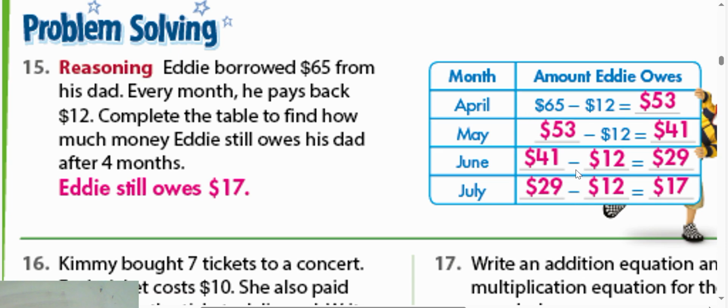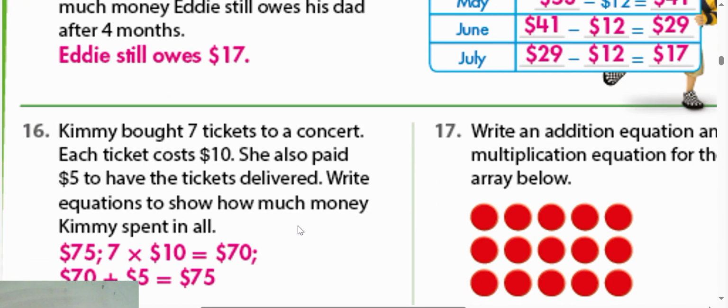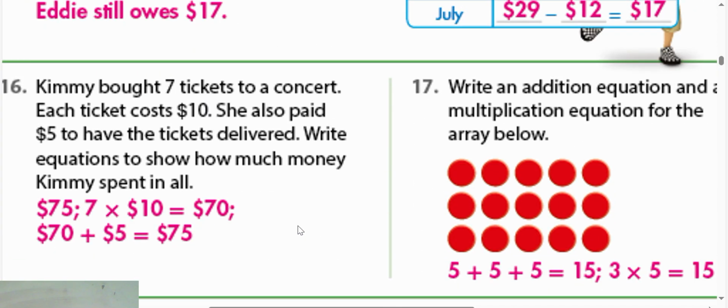Each time we must subtract 12. Look at here. 65 minus 12 equals 53. And also 53 minus 12 equals 41. 41 minus 12 equals 29. Also 29 minus 12 equals $17. The total will be $17. He still owes $17. Okay. Next question.